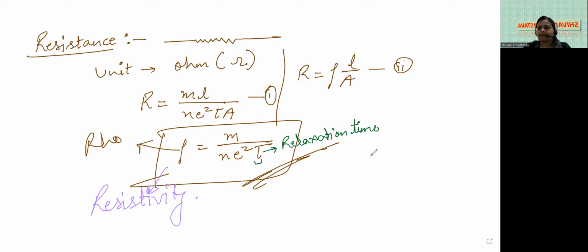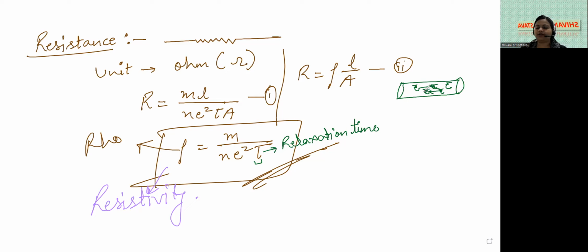And what is the relaxation time? When the electrons are moving in a conductor, they collide with each other. This electron will collide with this electron, which will collide with this one again. So there is the relaxation time. Like you also can't work continuously, similarly they also take rest for a short time in between.